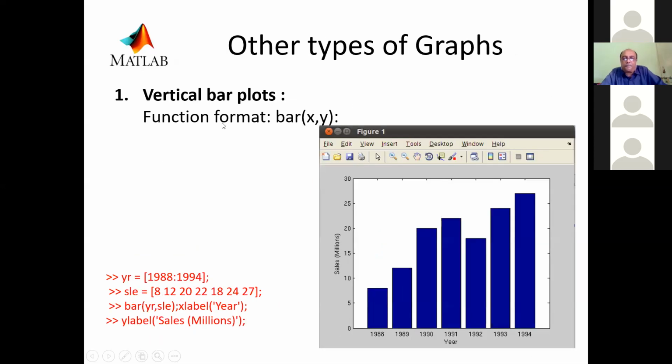Another type of graph, vertical bar plots, is also available. The function is the bar function. Year wise, I want to generate the data from 1988 to 1994. I create a data set 88, 89, 90, 91, 92. Then another variable holds the values: what is the value in 1988? I just plot the graph.